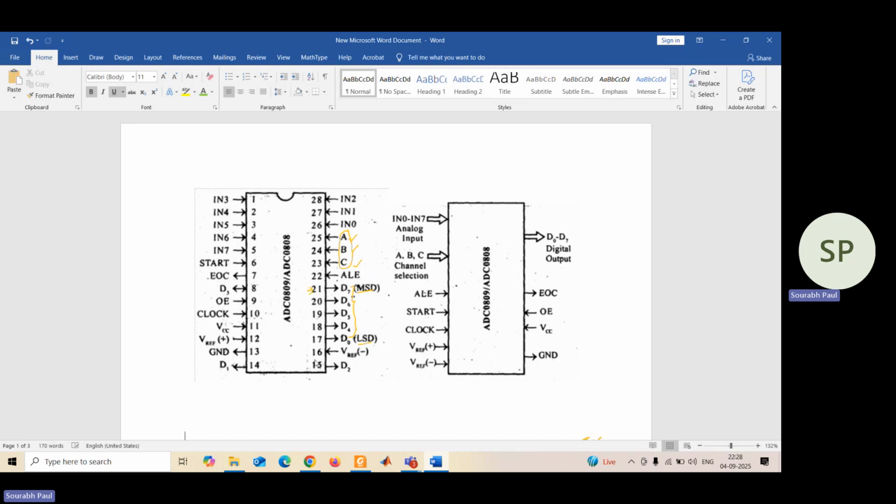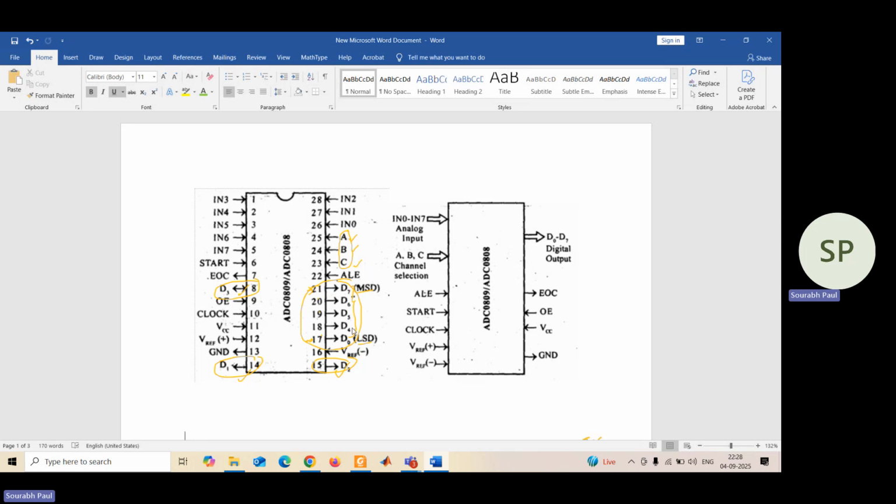You can see pin number 17 to 21 here, 1, 2, 3, 4, 5, and this D3 is given here, then D2 is here, then D1 is here. Then you have 5, 6, 7, 8. So 8 different pins are there to get the corresponding digital value.